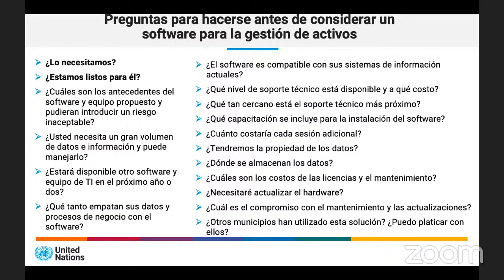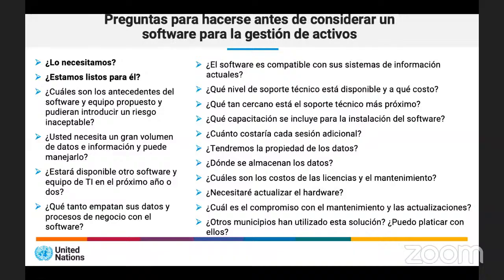It's better if it's done by IT professionals, so it suits your municipal organization the first time. And there is a series of questions you should ask the company you want to buy the software from: how much the additional cost will be, such as the cost of equipment, how easily the data can be transferred, how secure the data is.